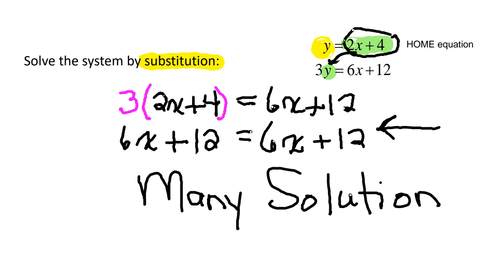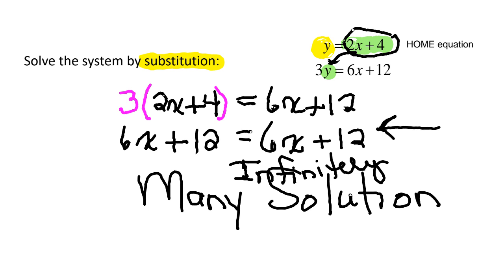If the left side is the same as the right side, I don't have to do any more algebra work. That's my answer: the words many solutions or infinitely many solutions. The left side is the same as the right side. That's a lot less work than graphing.